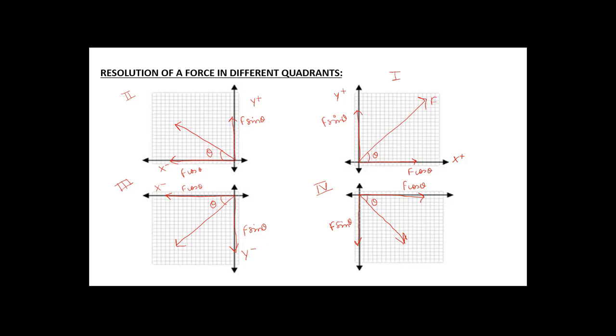Similarly, for the fourth quadrant, if this is the force and this is the angle theta, F cos theta is acting in the positive x direction and F sin theta is acting in the negative y direction.